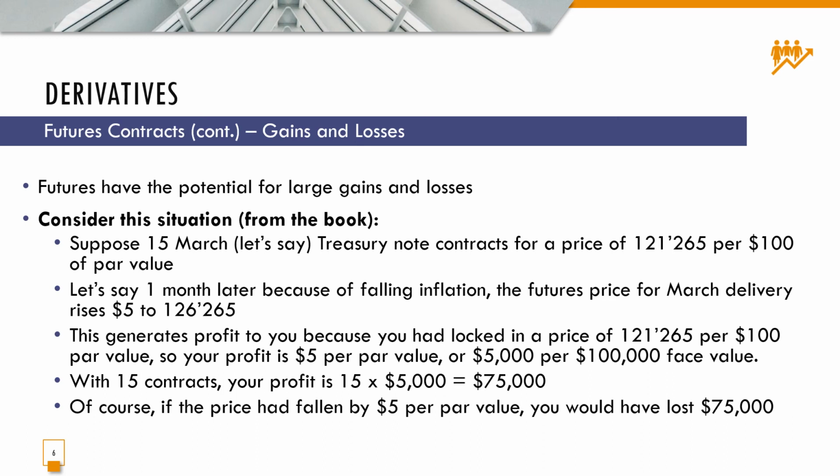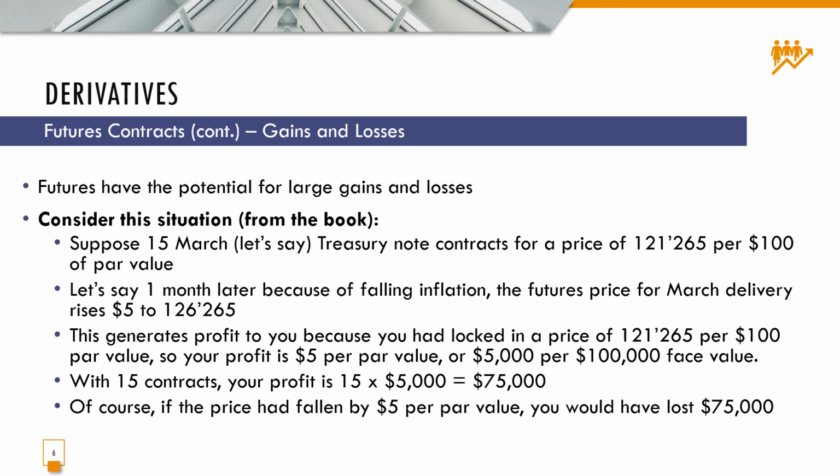Suppose on March 15, the Treasury note contracts for a price of 121,265 per $100 of par value. One month later, because of falling inflation, the futures price for March delivery rises $5 to 126,265. This generates profit to you because you had locked in a price of 121,265 per $100 of par value.